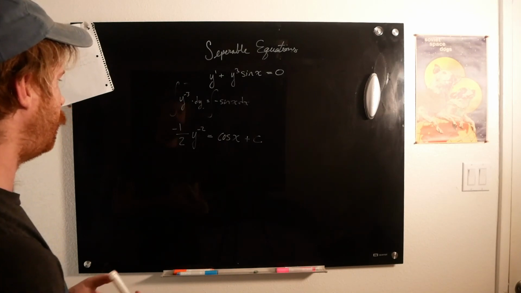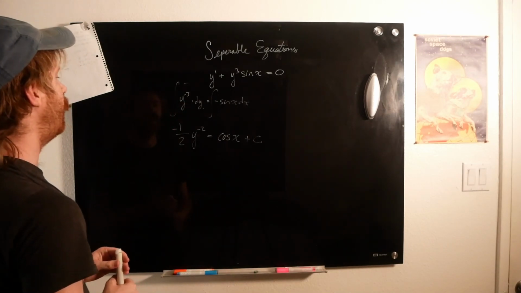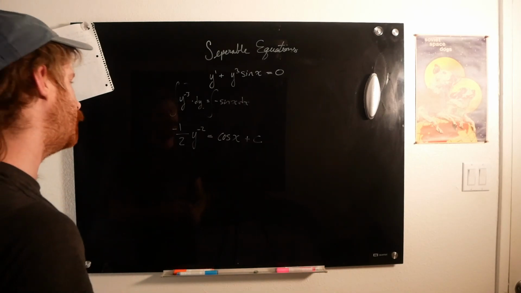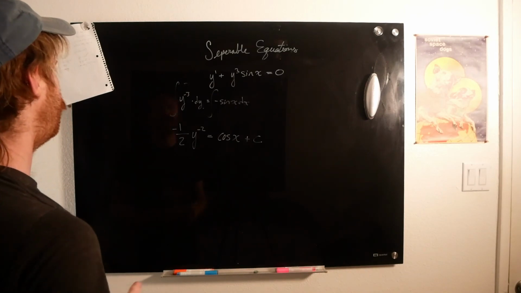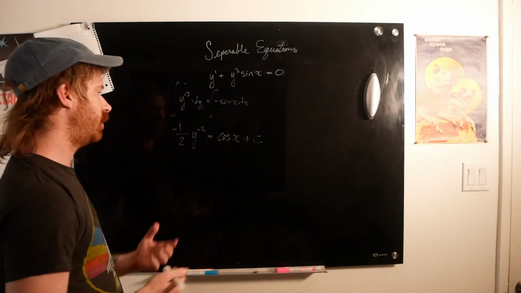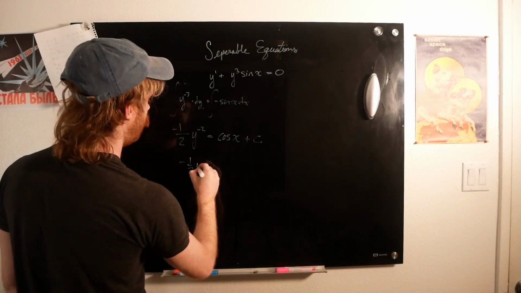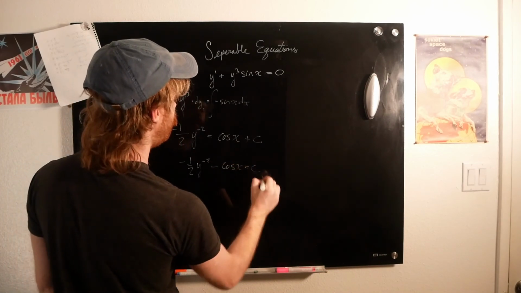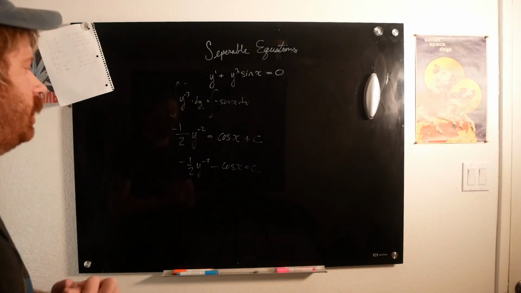If you want, you can multiply both sides by negative 2 to get it nice and neat. You'd have 1 over 2 y to the negative second minus cosine of x equals c. You're going to see it equals c a lot for separable equations.